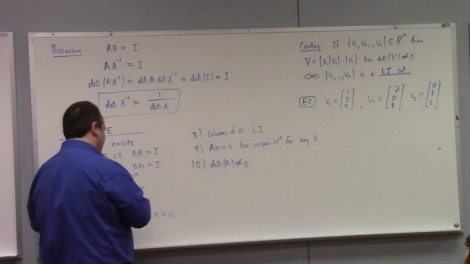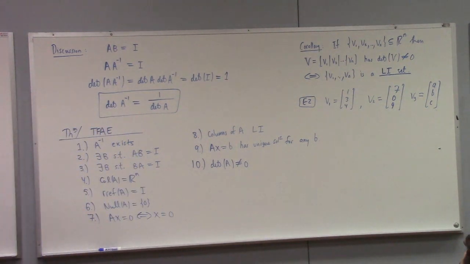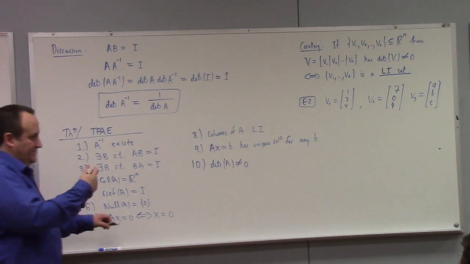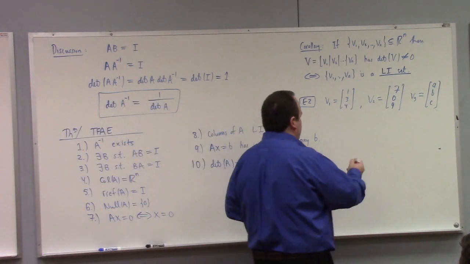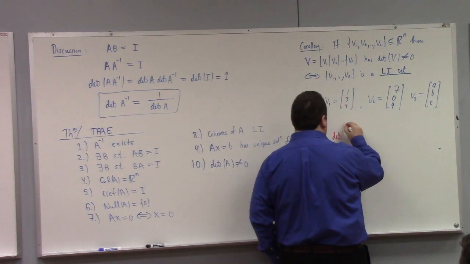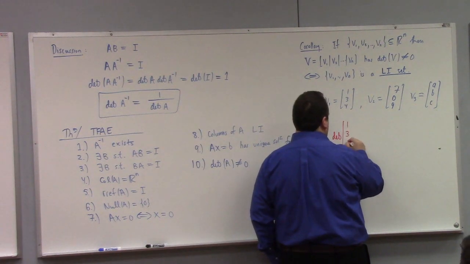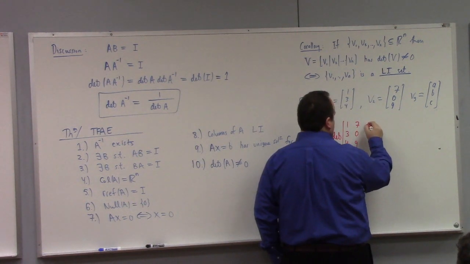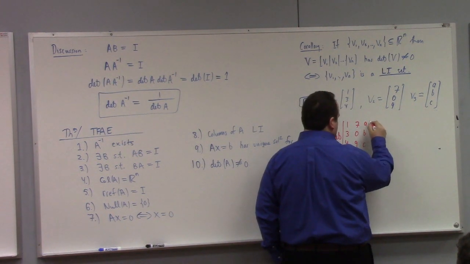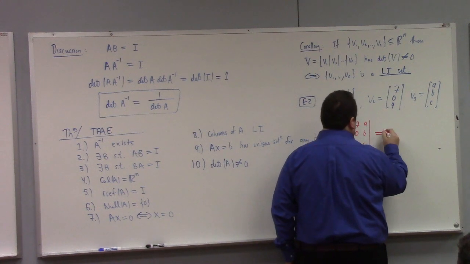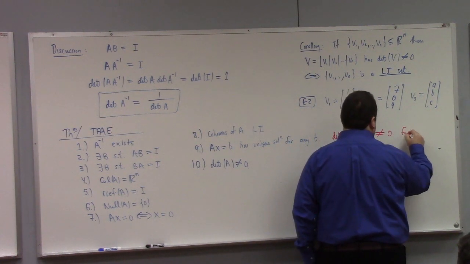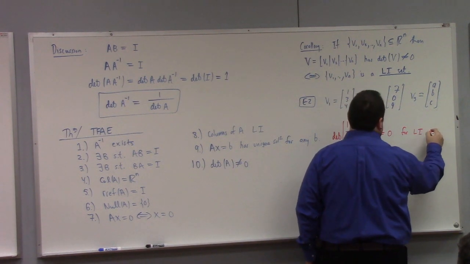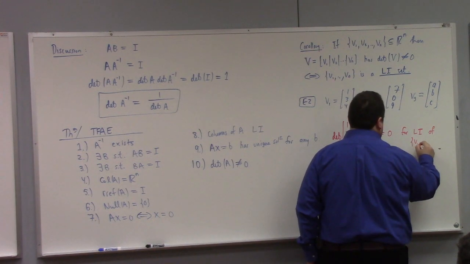So what do you gotta do? You just put them together, right? 1, 3, 4, 7, 0, 9, a, b, c. We just need that not equal to 0 for linear independence of the set v1, v2, v3.